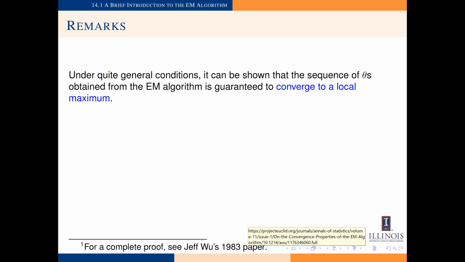So before we move on to the example, let me give a few remarks about the EM algorithm. We're not going to talk about the proofs, but under quite general conditions, it can be shown that the sequence of theta olds obtained from the EM algorithm is guaranteed to converge to a local maximum.